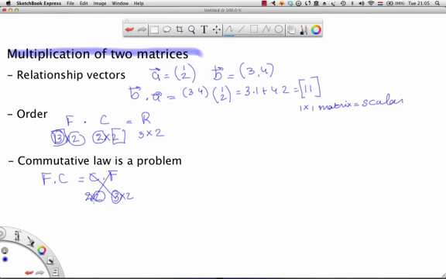And even if, for instance, it would work, then for instance the order of F would be m rows and n columns. The order of C would be the opposite, and according to these numbers that would work, because here you would have the other situation the other way around, and at least from the numbers it would fit.